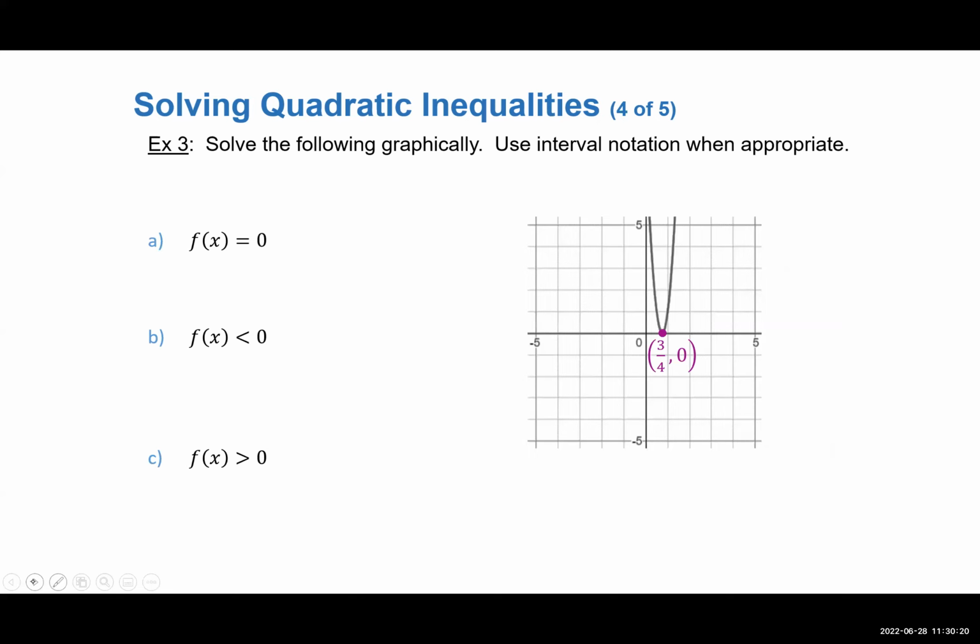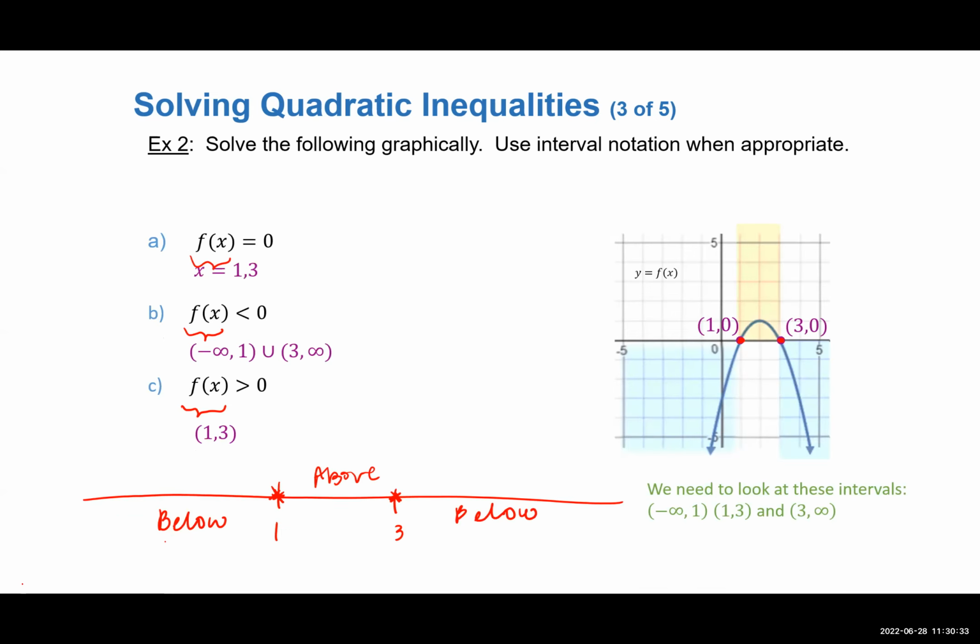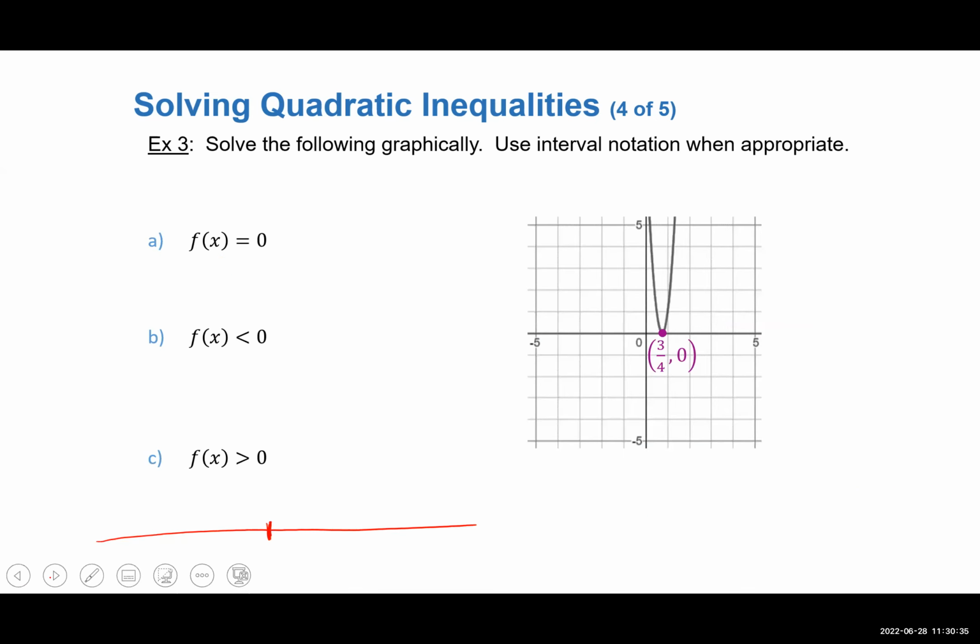All right, example 3. When is it equal to 0? Looks like only one spot, which would mean that the discriminant was 0, but we're not talking about that right now. It is only one spot, and that's at 3/4. So x equals 3/4 is where it's on the x-axis.